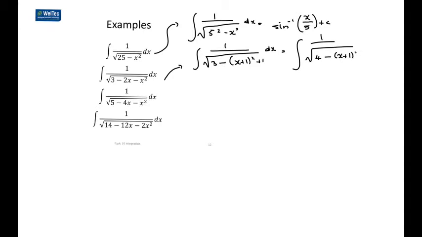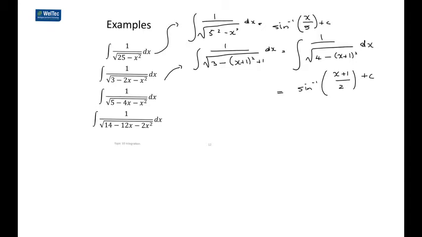See, what we've done now is we've forced it into the pattern. Now we can say, well, okay, that's just going to be the inverse sine of x plus 1 over 2. So we've forced it into the right pattern.